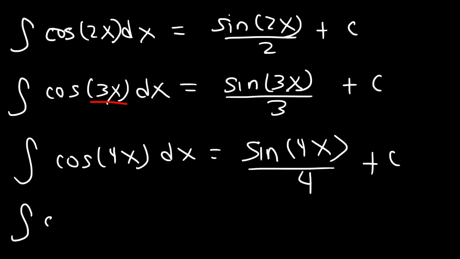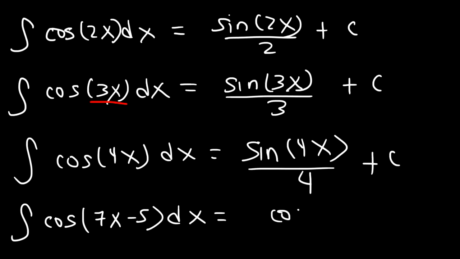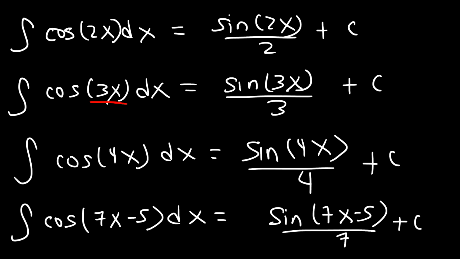Now what about the integral of cosine, let's say 7x minus 5? What is the answer for that? Well, it's going to be sine 7x minus 5 divided by the derivative of 7x minus 5, which is 7, plus c. So let me give you some other examples.